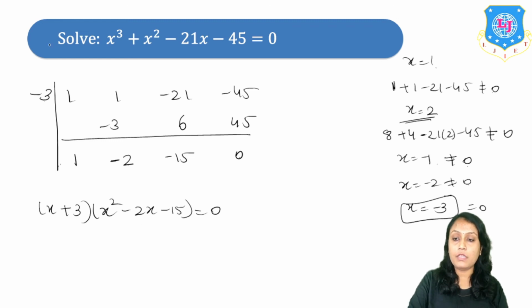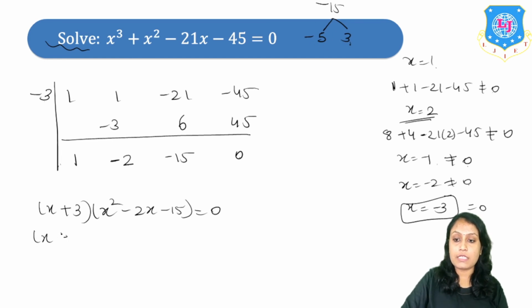Now in the question, we need to find the value of x, so we'll solve it further. Now we have minus 15, and we need to find numbers such that the sum is minus 2. If you take minus 5 and 3, minus 5 into 3 gives you minus 15, and if you add them you will get minus 2.